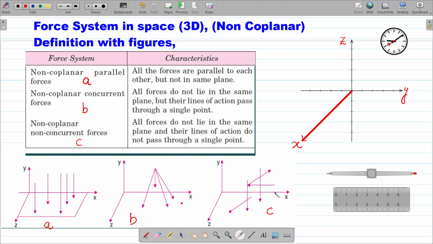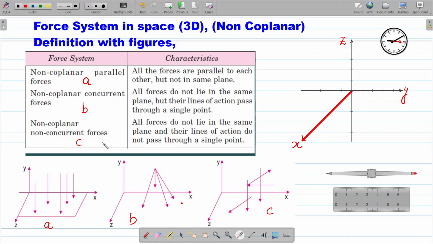If you look at it, this force, this force, this force, they are all lying in different planes, and you can see their lines of action do not pass through a single point. They are not converging at a single point. See, the head is here, different here, and different again here. It is going somewhere else. So this is how you define non-coplanar non-concurrent forces.